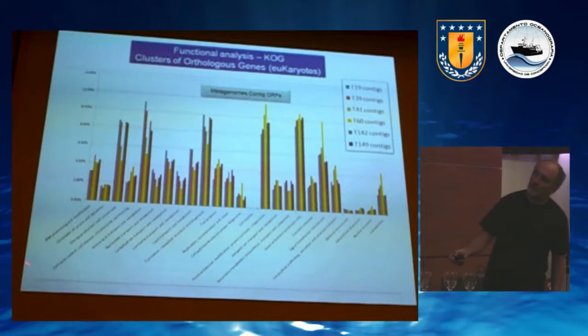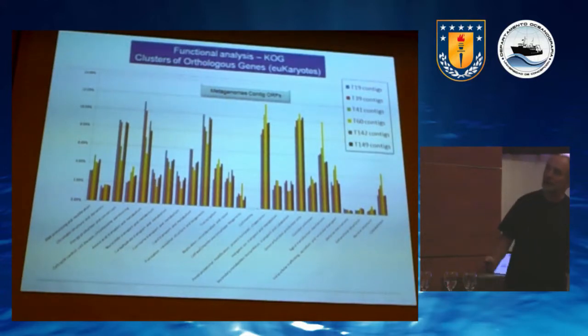Each of these bars represents categories, and the different bars correspond to our 6 samples for which we did the metagenome. And it was quite disappointing when we saw that. For example, just for the class, here are genes involved in cytoskeleton, here in nuclear structure, and so forth. So you have all the different categories.